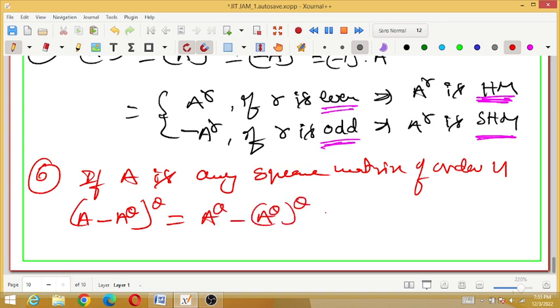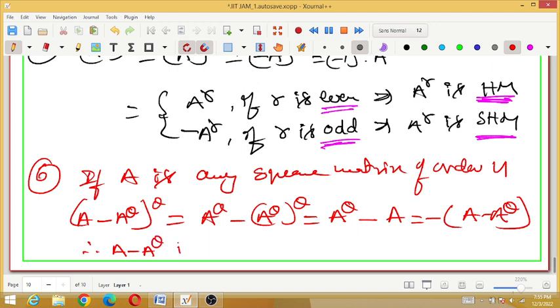By splitting this, A^θ write as it is. Again (A^θ)^θ is nothing but A. So by taking minus as common, A minus A^θ. So that's why here A minus A^θ is what? Skew Hermitian matrix.